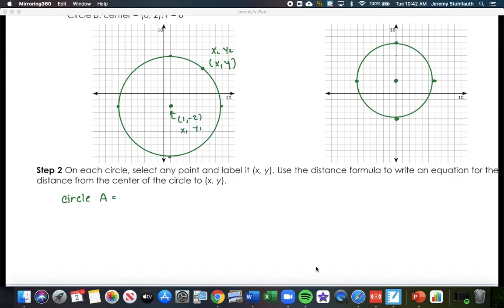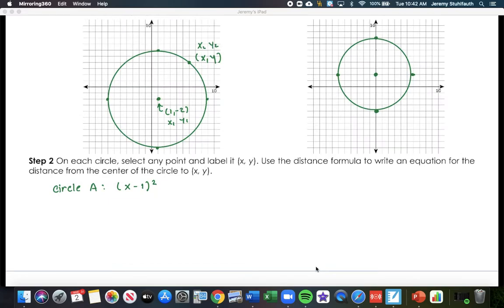If you recall, the distance formula takes x2 minus x1, so x minus 1, squared, plus y2 minus y1, so y plus 2, since it's minus negative 2, squared, and that is equal to the distance squared.